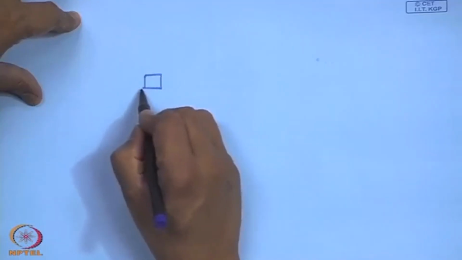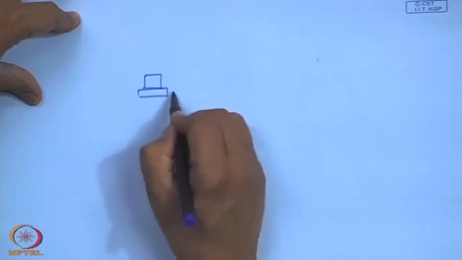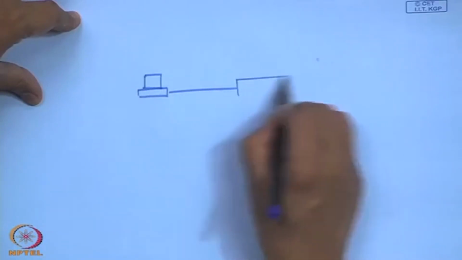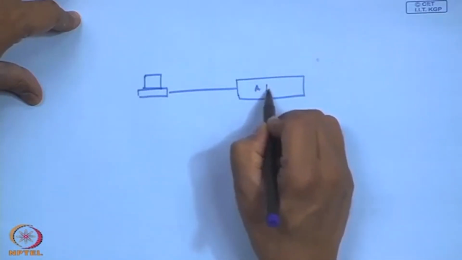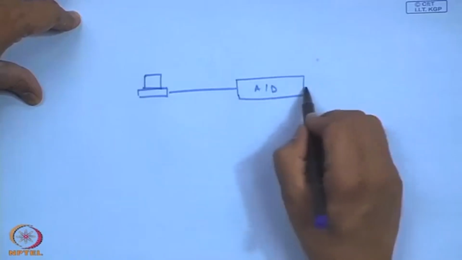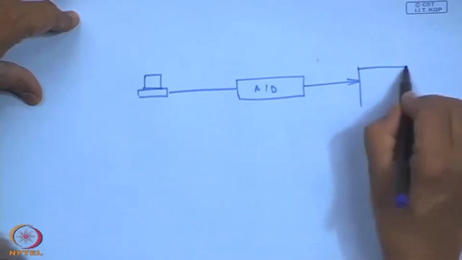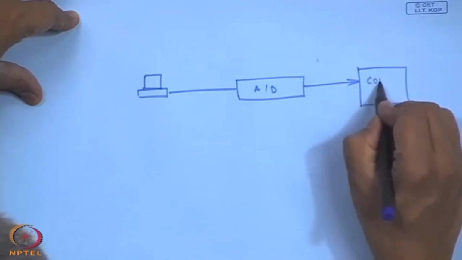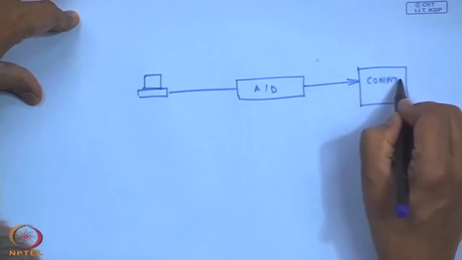Now, in vibration monitoring, you know that once we have the transducer, this is followed by a data acquisition system. I will come back to this figure later. In the data acquisition system, I have an A to D system, and then of course, we have the digital signal which goes to a computer.